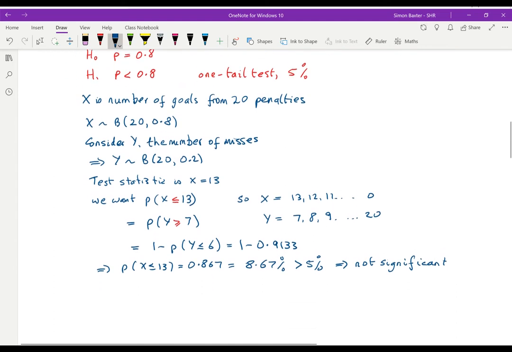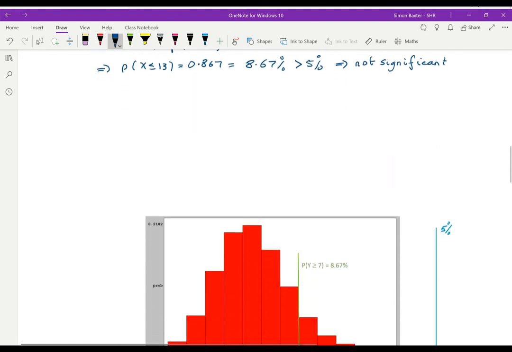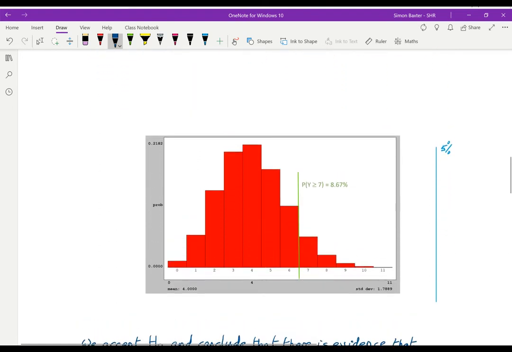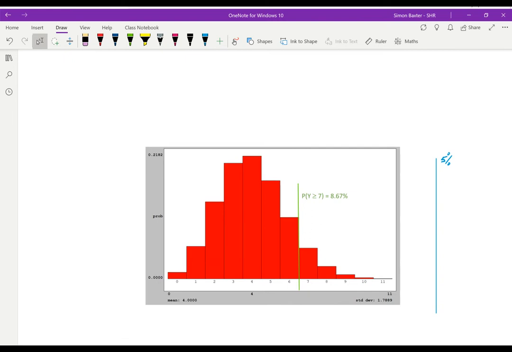And that we can see if we look at the picture. The probability that y is greater than or equal to 7, or x less than or equal to 13, is 8.67%. My 5% line would lie on the left of that, because 5 is less than 8.67, so it's going to be somewhere over here.